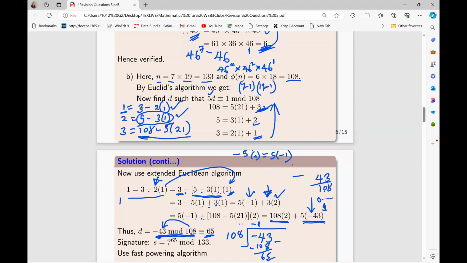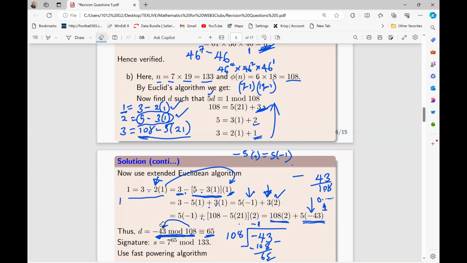Then I come and do my long division here. Now, we just found that D is 65. We used the extended Euclid's algorithm and found, first of all, it was negative 43. And we've made the negative 43 positive. And so negative 43 is congruent to 65 mod 108.